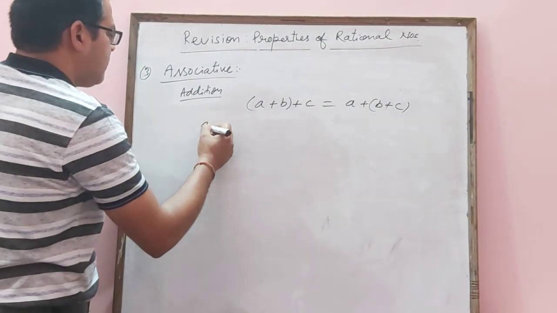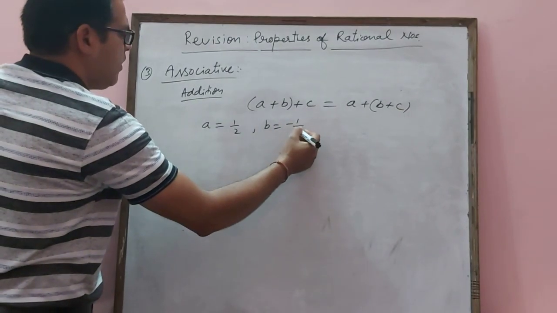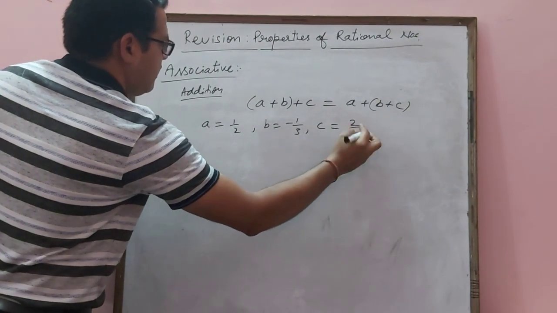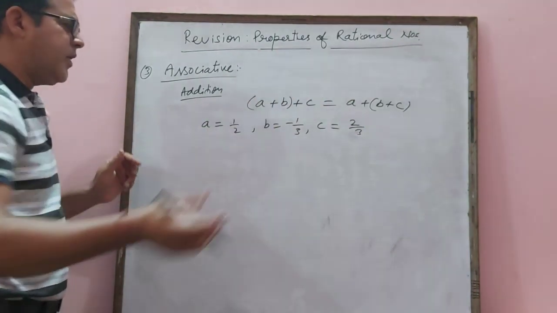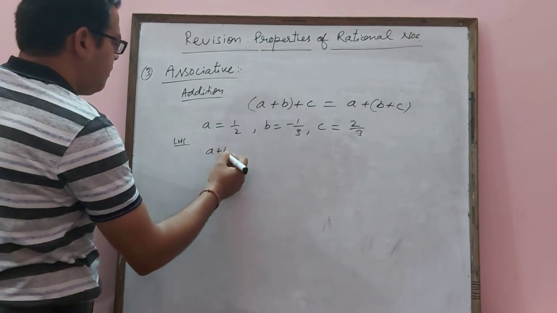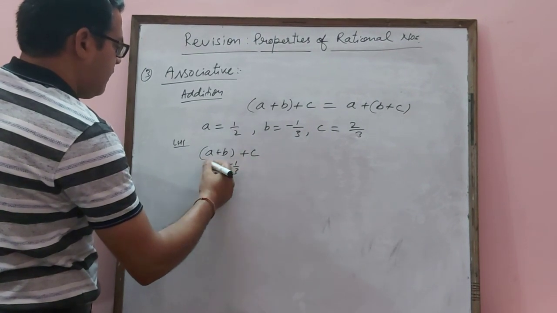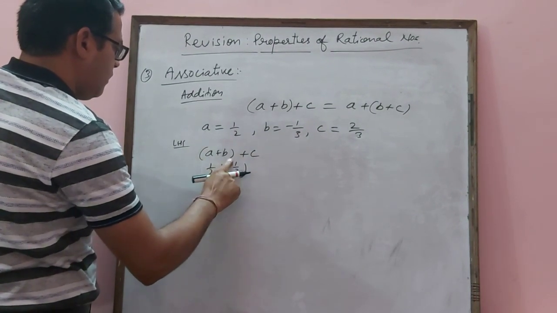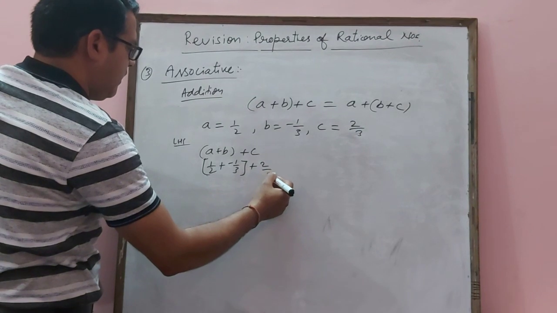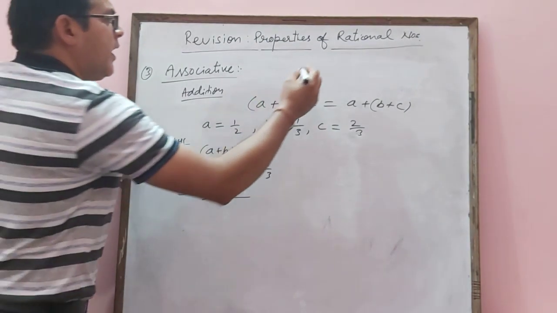So I am taking three values. a I am taking as 1 by 2, b as minus 1 by 3, and c as 2 by 3. Any numbers you can take. So left hand side first I am solving here. a plus b plus c, that is 1 by 2 plus minus 1 by 3 in a big bracket, then c is 2 by 3. Now first we have to solve this bracket. We have to use BODMAS here.